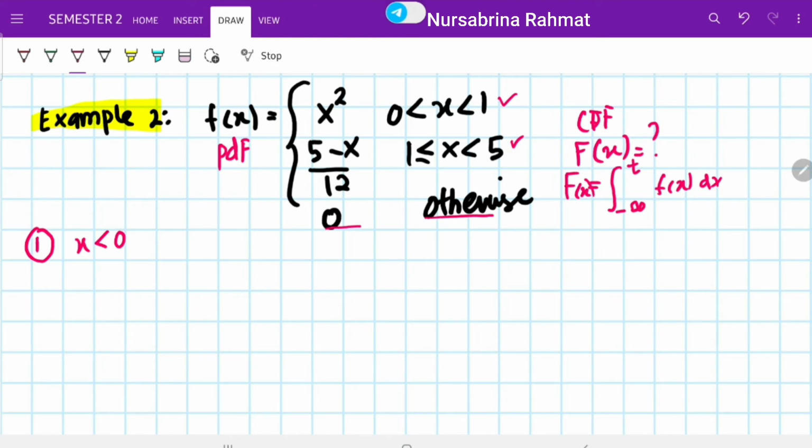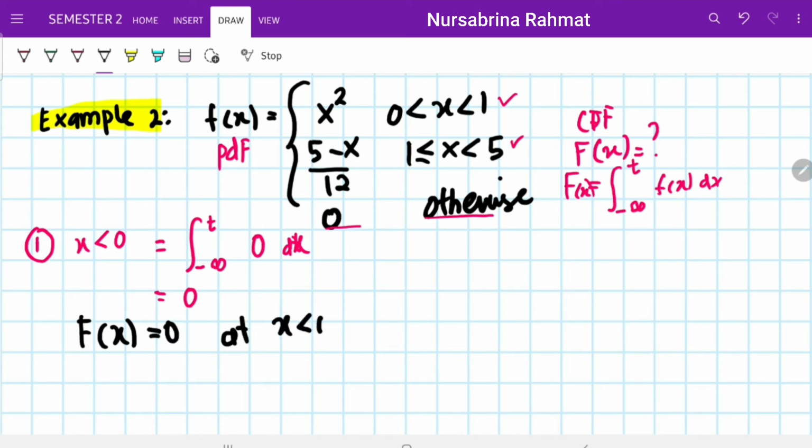Therefore we're going to integrate, which is from negative infinity to t of 0 dt. So it equals 0, since integrating 0 gives 0. Therefore, your F(x) equals 0 for x less than 0.